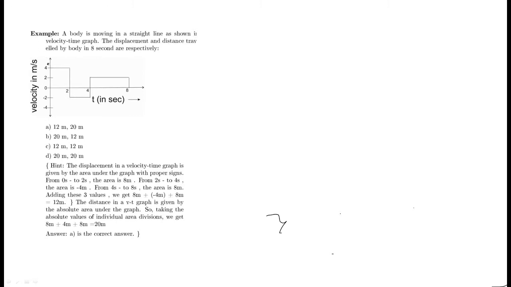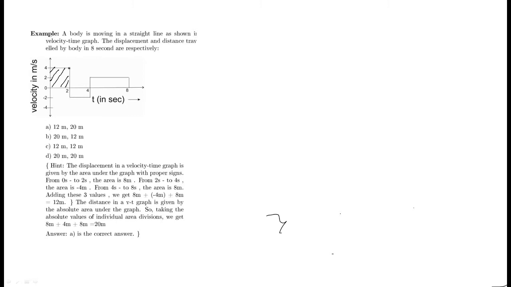Now we have to find the displacement and distance. First of all, for finding displacement, we'll take the signed areas. We know displacement is the area under the VT graph, right?